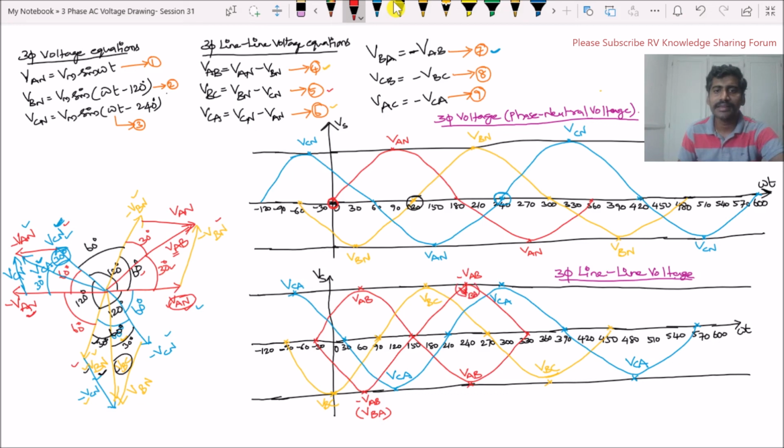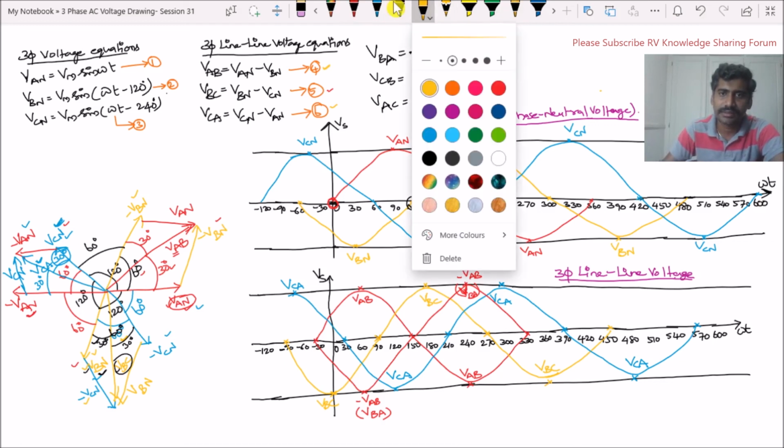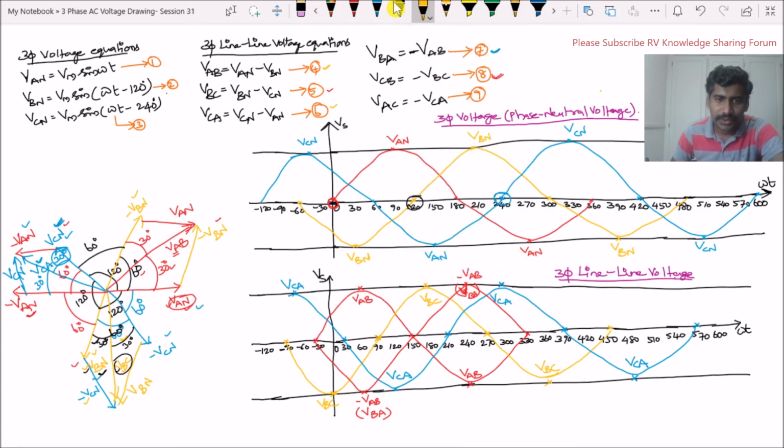Now let us draw our line voltage VCB according to equation 8. Equation 8 says that VCB is equal to minus of VBC. That means opposite to VBC. So now let us draw that in yellow color. This is our minus VBC, which is nothing but VCB.